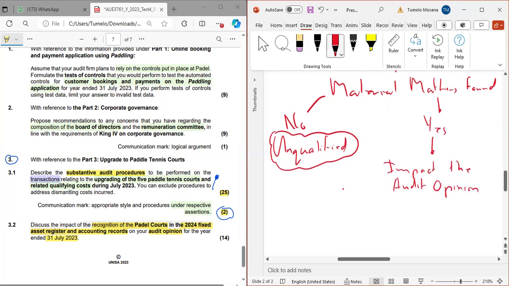If this is a yes, you would now have to consider a lot of things. But if it is a no, I'm going to discuss what you have to consider. If it is a no, you can state an emphasis of matter paragraph on your audit report.